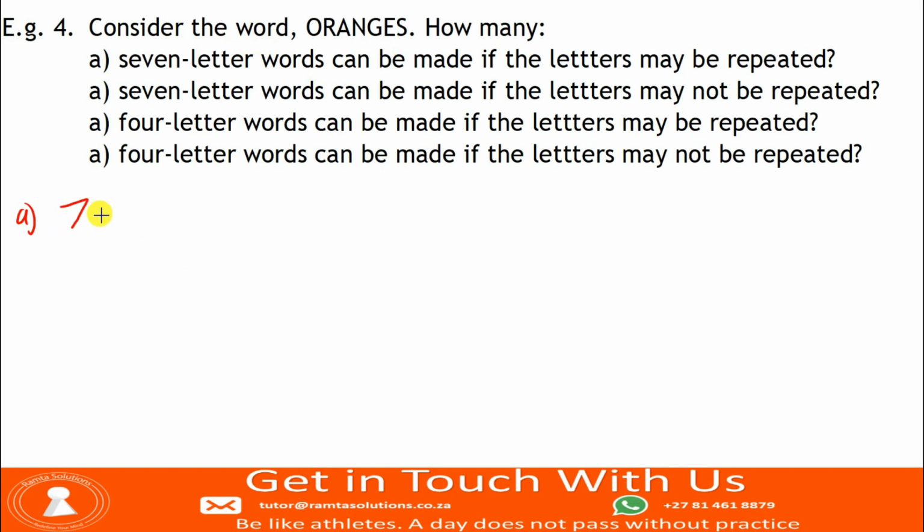This is 7 times, for the first letter, there are 7 letters to choose from. For the second, there's still 7. For the third, still 7. For the fourth, 7. For the fifth, 7. For the sixth, 7. For the seventh, 7. Now this is basically 7 to the 6. Okay? This is 7 to the 7, not 7 to the 6. This is 7 to the 7.